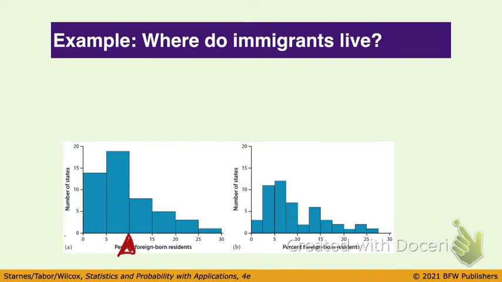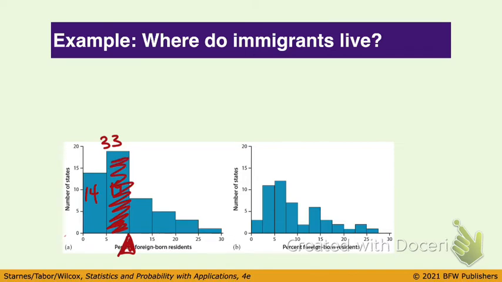What's 14 plus 19? 33. So I've already passed the middle, or the 25th state. That tells me my middle is somewhere in this bar, between 5 and 10.